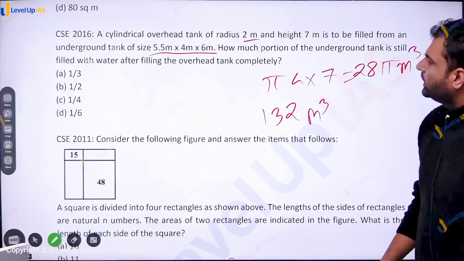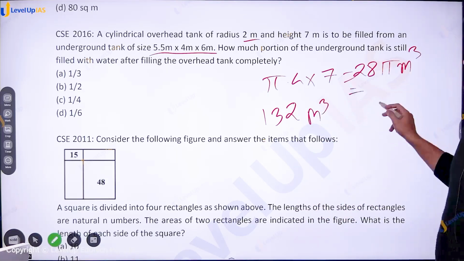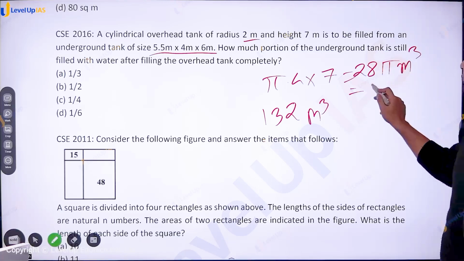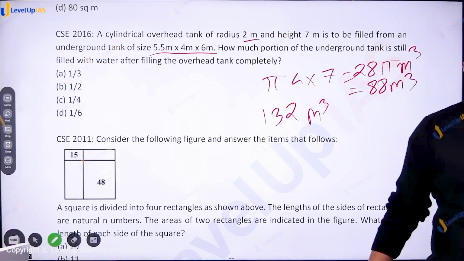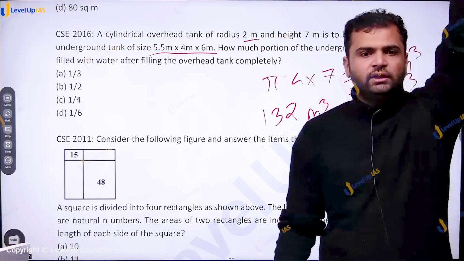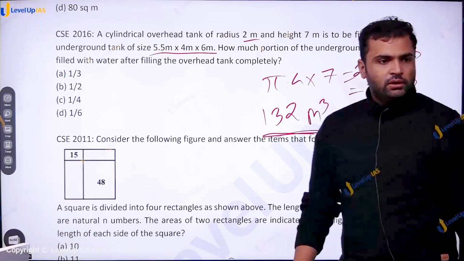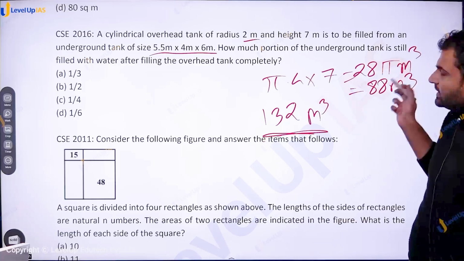So pi you can approximate by 22 by 7 and write it as 22 by 7, 4 into 22, so 88 meter cube. So out of 132, 132 पहले भरा हुआ था, 88 goes and fill the overhead tank. How much is remaining in this tank now when 88 is filled in overhead tank? 132 minus 88.